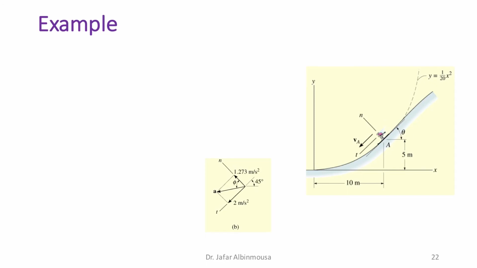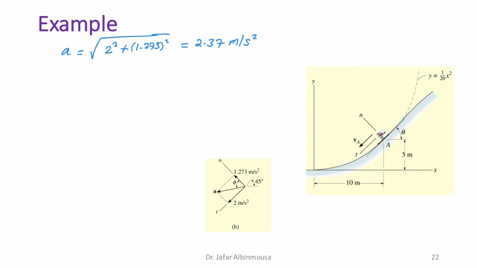Now, let's calculate the total acceleration, which is A equals the square root of 2 squared plus 1.273 squared. Under the square root, this is going to give us 2.37 meters per second squared.